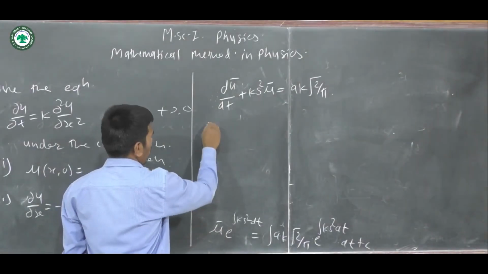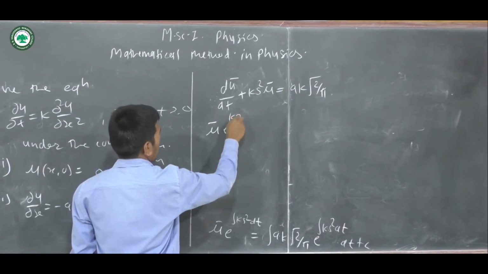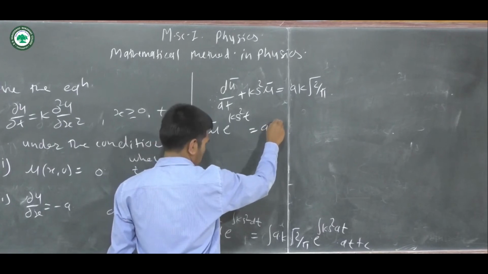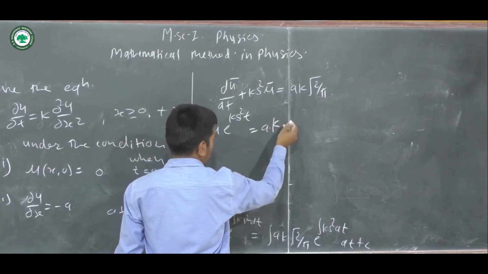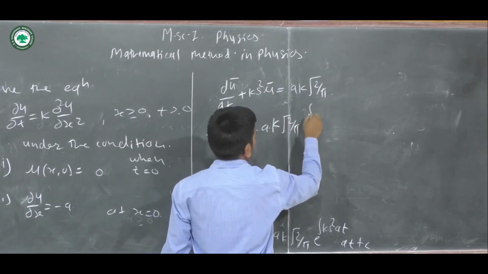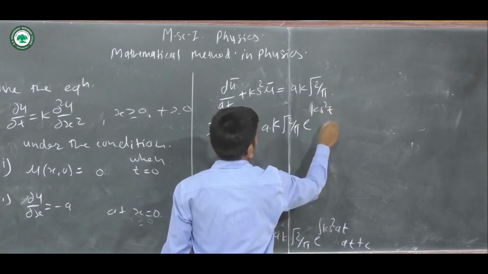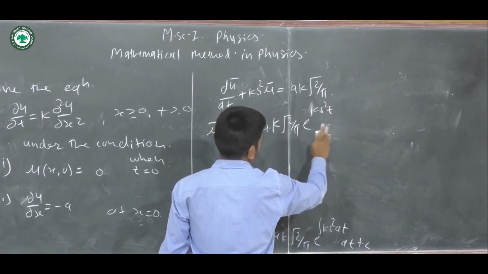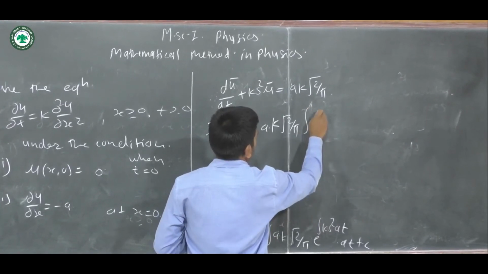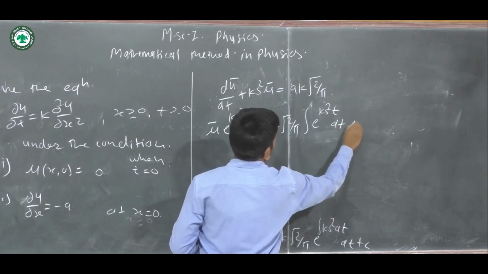So u bar e raised to k square t is equal to a into k under root 2 over pi and the integration of e raised to k square t into dt plus c.